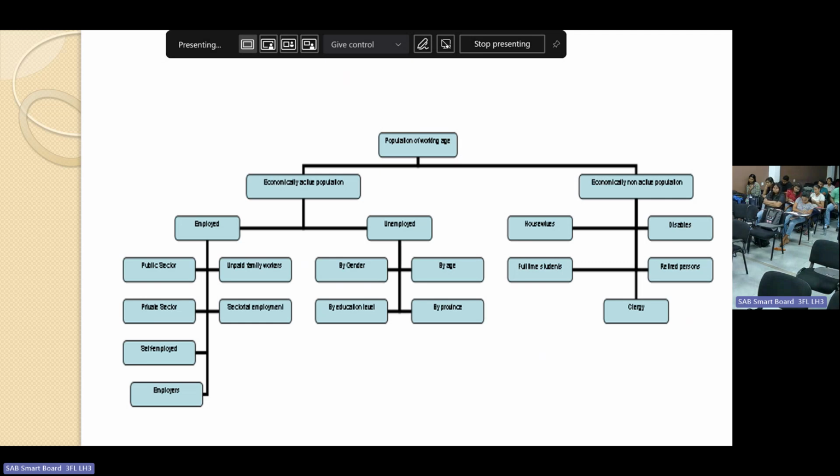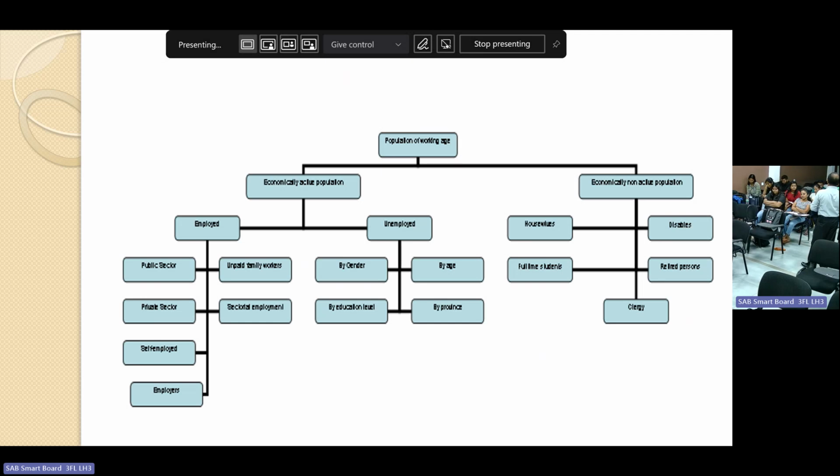Now, when we look at the labor force, how do we get the labor force? Starting from the population, we have to first identify the working age population. We have to exclude the elder population and the child population from the population, because the elder population are not actively engaged in economic activities, and the child population also should be removed.